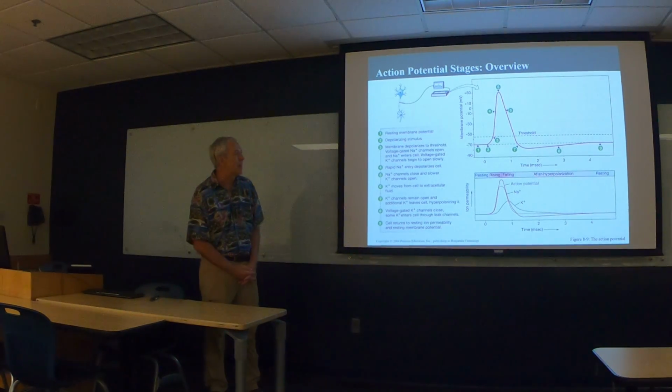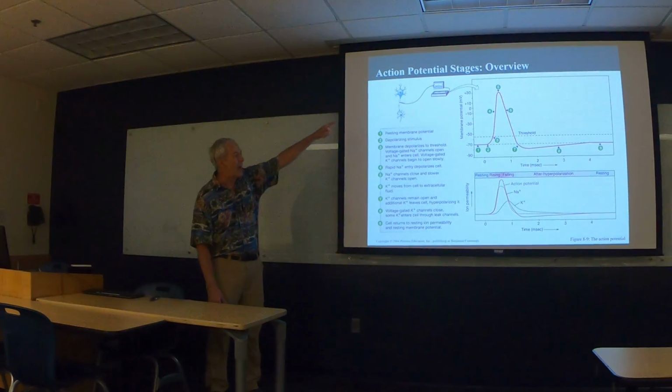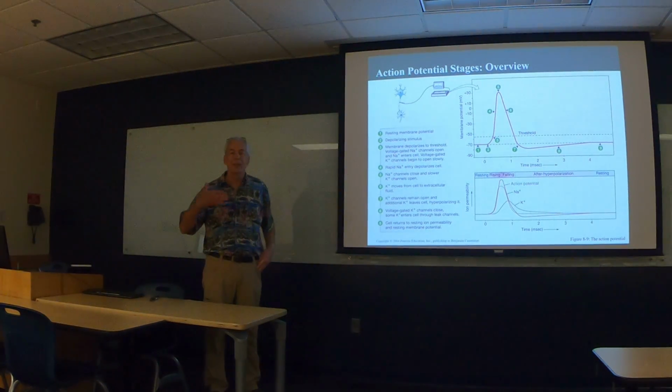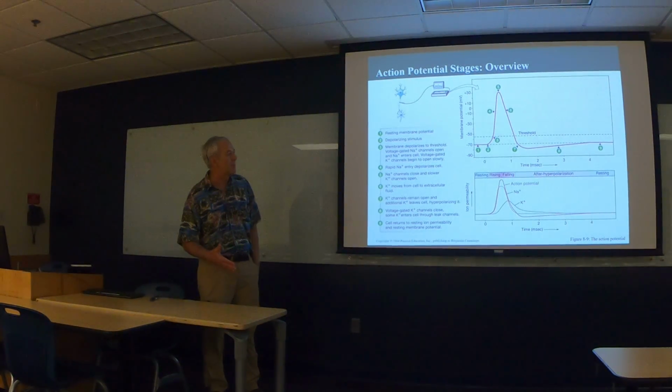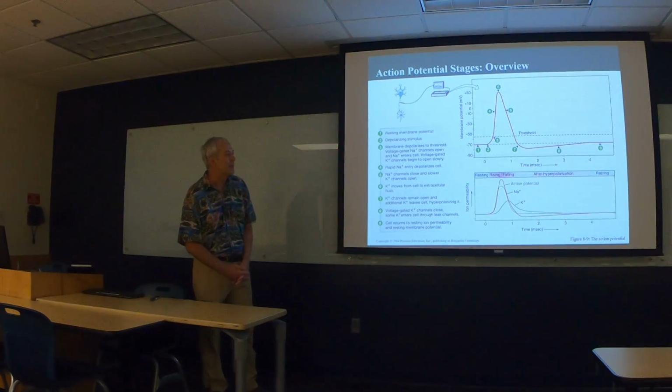or 0.5 in that diagram, and that then is going to allow the potassium to leave the cell, and that's going to then hyperpolarize and take the resting membrane potential back down to where it was originally.